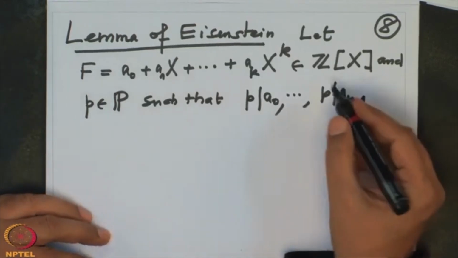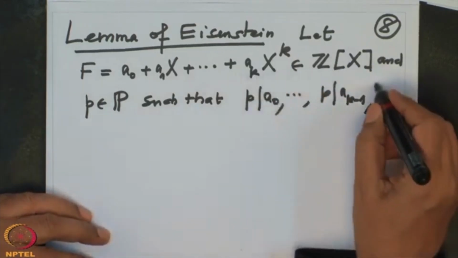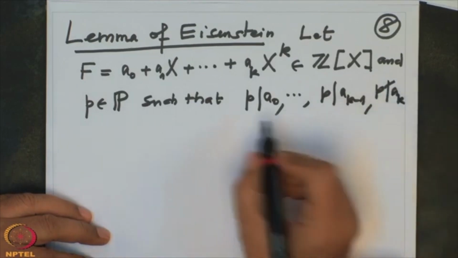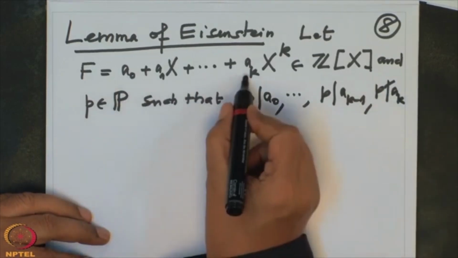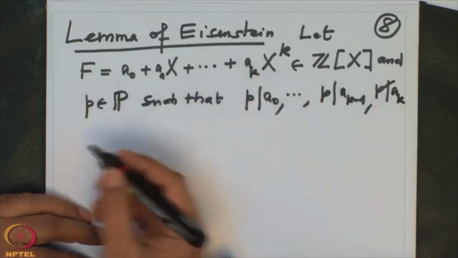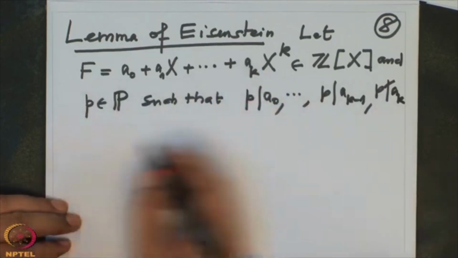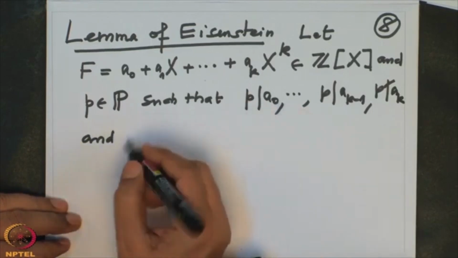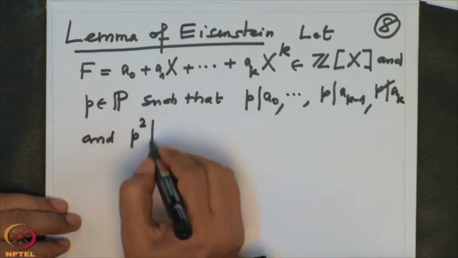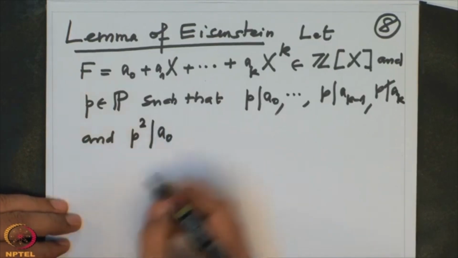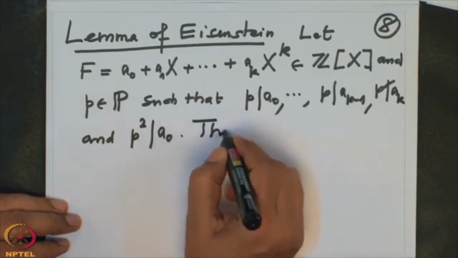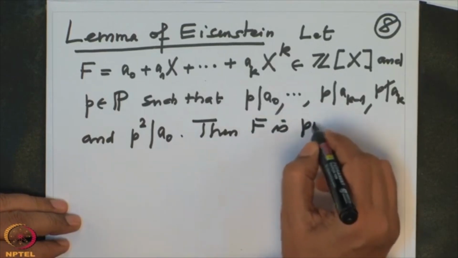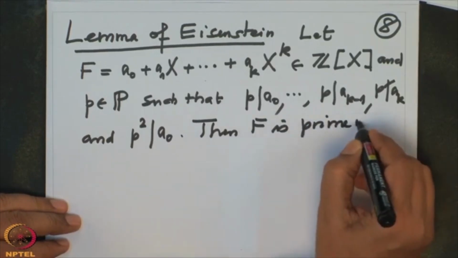The leading coefficient is ak, so p doesn't divide ak. P divides all the other coefficients, but p doesn't divide the leading coefficient of f. And in addition to this, p squared should not divide a0. Then f is a prime polynomial in Q[x].